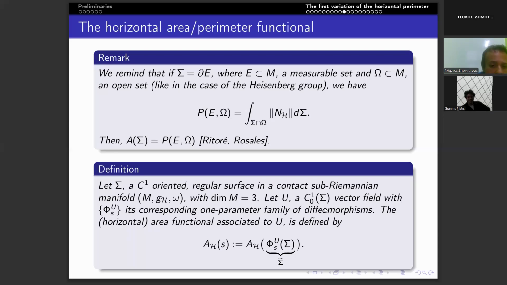Then the horizontal area functional associated to U is defined just by the horizontal area of the surface S tilde. It's just the moving of the surface S using the one-parameter family of diffeomorphisms. So we just denote it as tilde S.